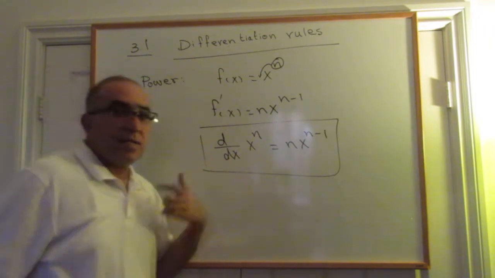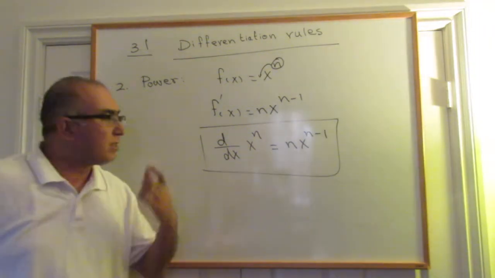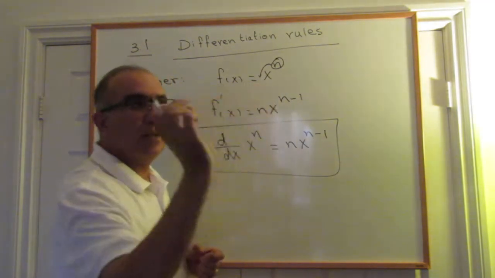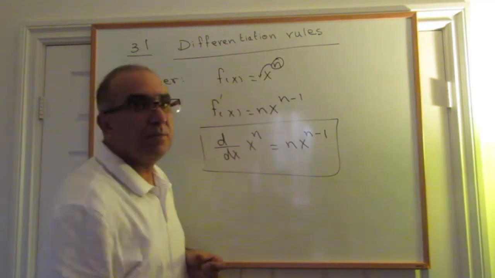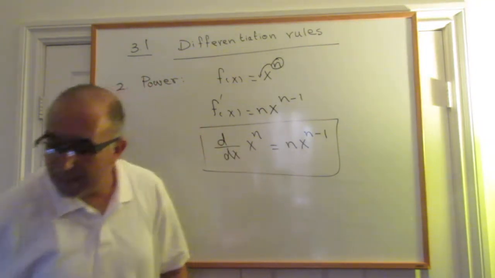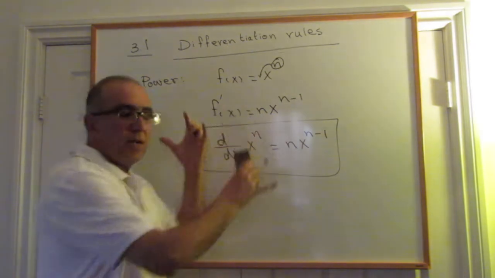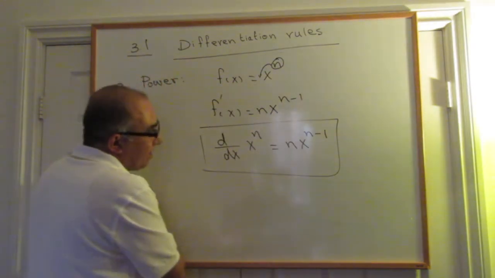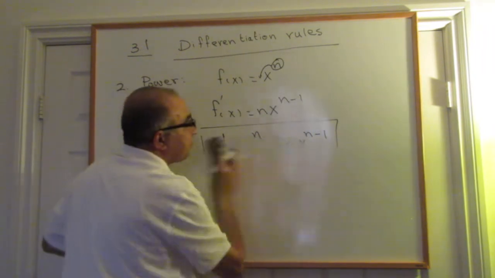This rule makes your job easy to find the derivatives of every single term which comes as a power rule, correct? I'll do a numeric example, but later I'll use a combination of a few rules in one problem, correct? Let's do an example for this.